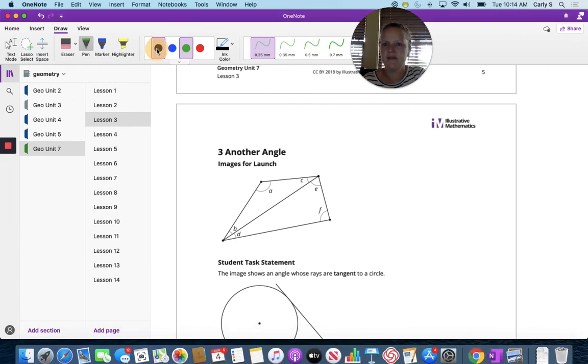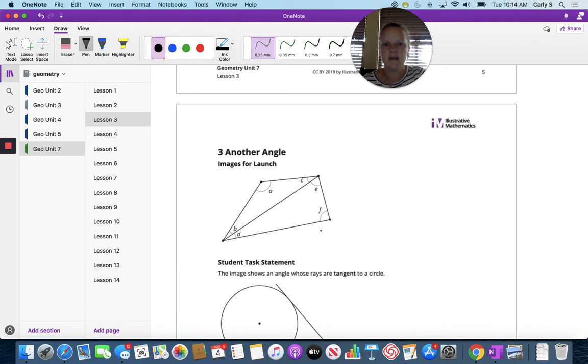All right, let's have some fun with this one. Before we get into the task statement, let's talk about this. If I wanted to figure out the sum of interior angles inside of a quadrilateral, which is 4 sides, I would need to know some information.